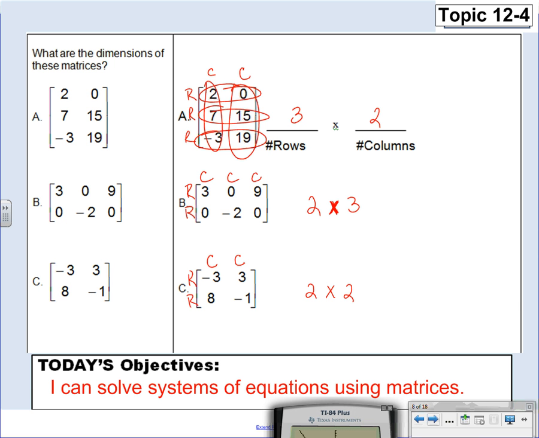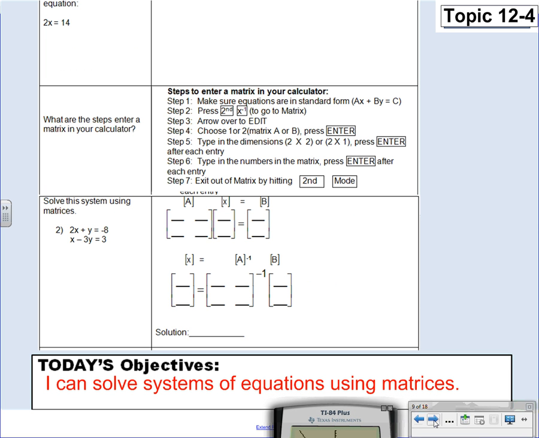So next, let's look at how we are going to use these matrices. Before we use the matrices, we're going to review how we have solved equations in the past, and then use that method to help us solve a matrix equation. So the first thing we see is 2x equals 14. And in the past, with 2x equals 14, if I want x by itself, I would divide both sides by 2.